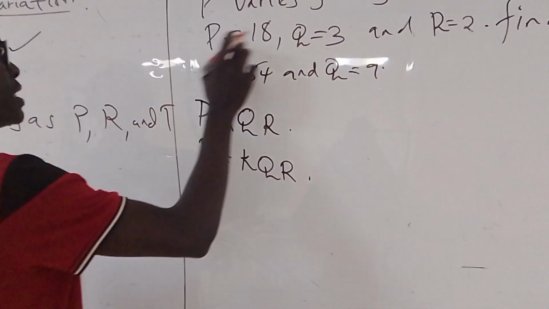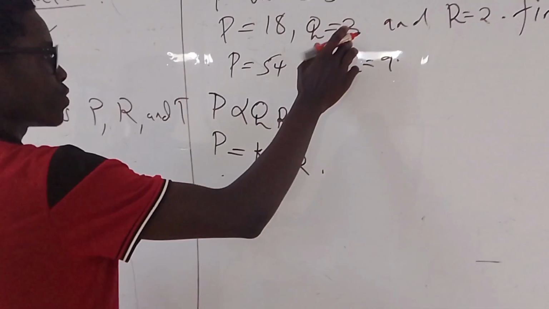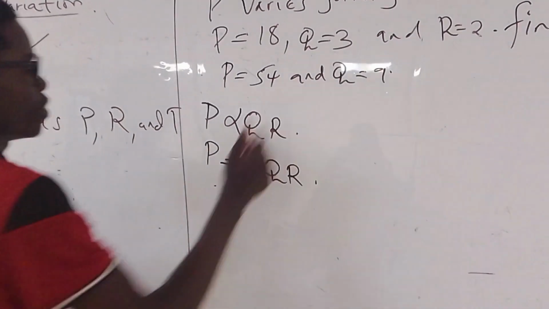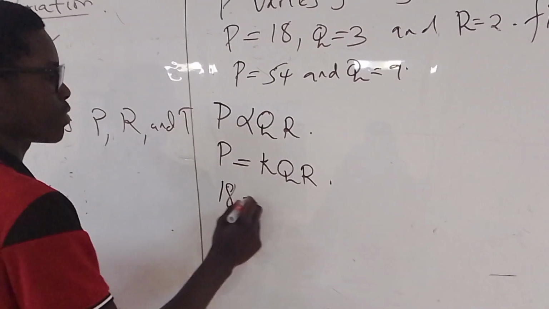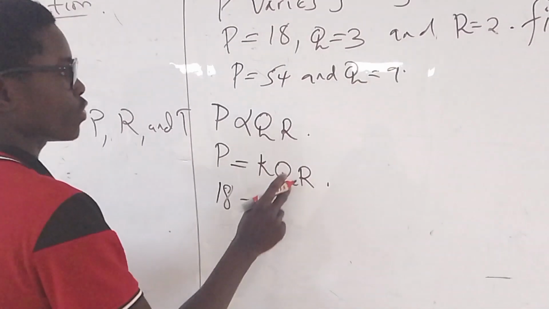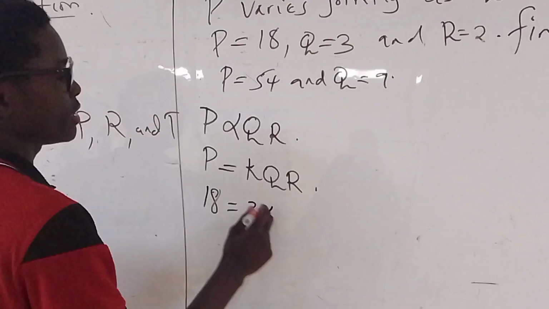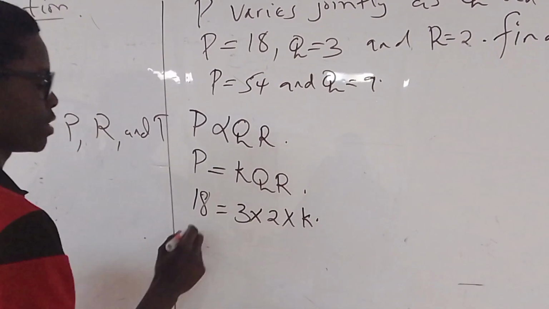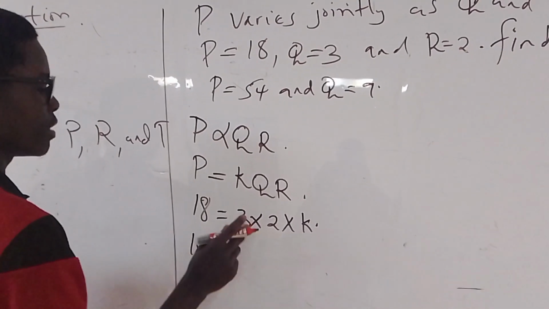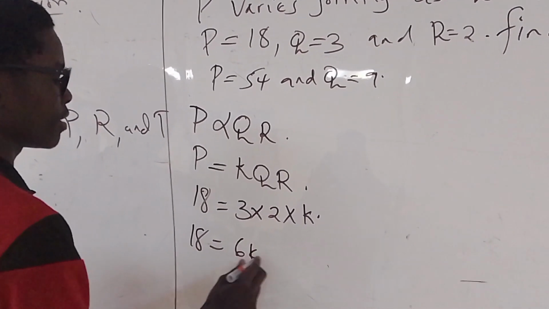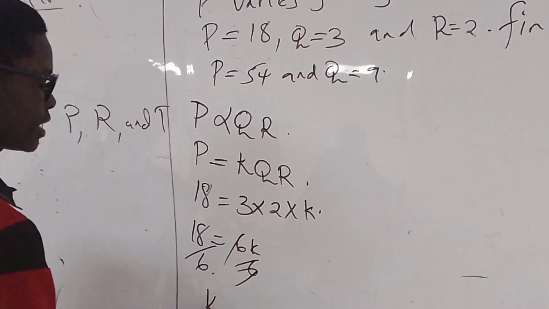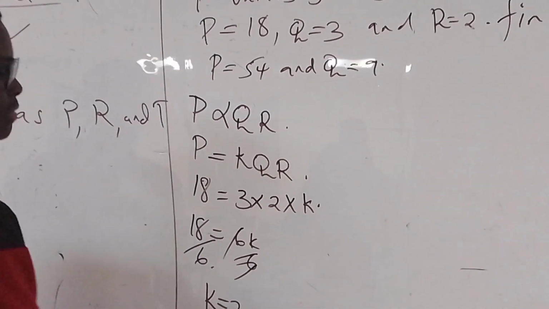We are given P is equal to 18 when Q is equal to 3 and R is equal to 2. So 18 is equal to 3 times 2 times K. So 18 is equal to 6K. Divide by 6, divide by 6. So we get K is equal to 3.